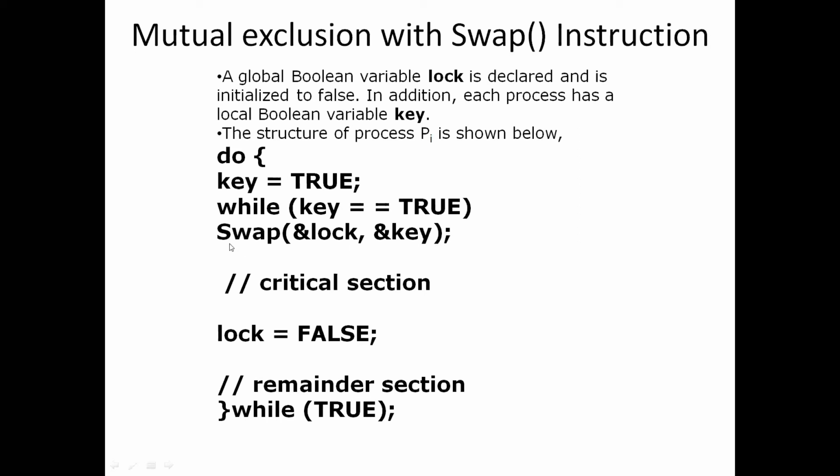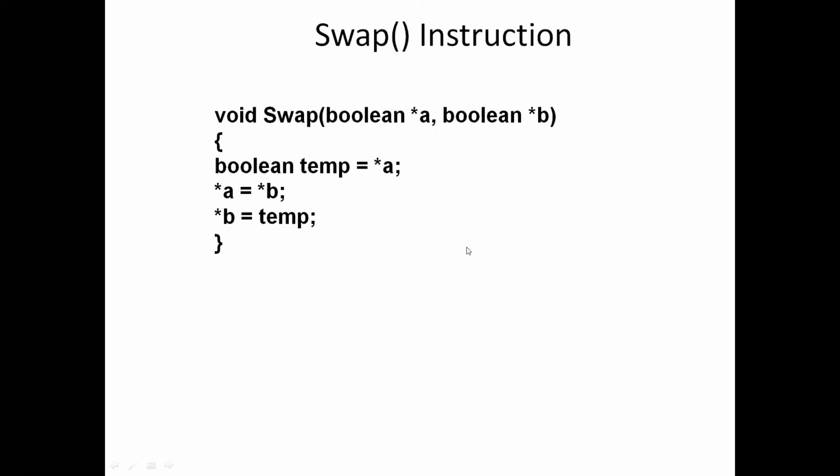Inside the while loop we have the statement swap of lock comma key. These are the arguments we are passing to swap, the called function. Once this statement is executed, control will go to the swap function.